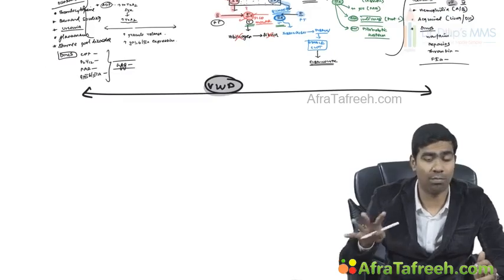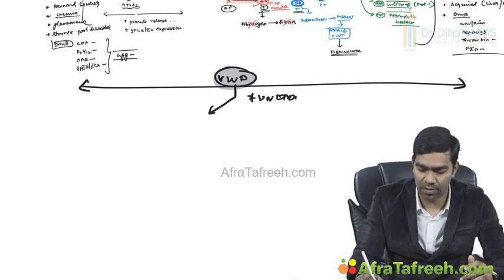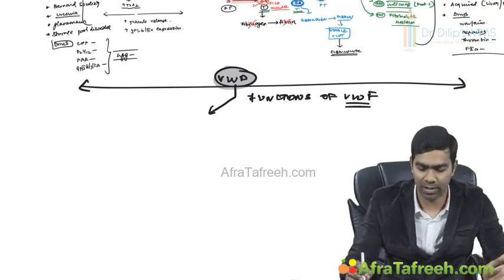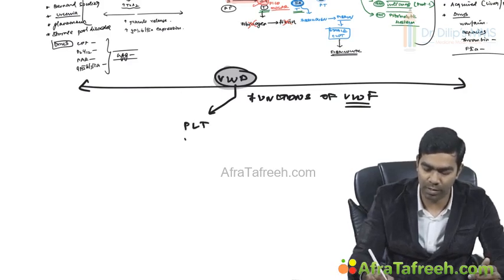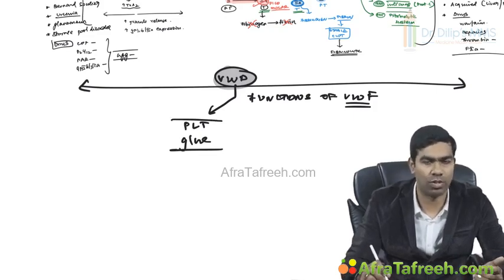Why? Because it can have both the clinical features of a bleeding as well as clotting disorder because of its functions. If you ask me what are the important functions, we have a whole lot of thing to discuss on von Willebrand factor, but still if you ask functions of von Willebrand factor, the number one function is acts as a platelet glue, which means it's going to bind with the collagen and the platelets through GP1B interaction.